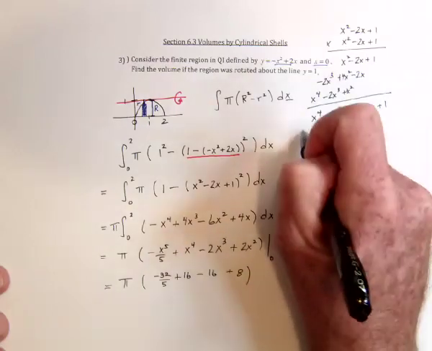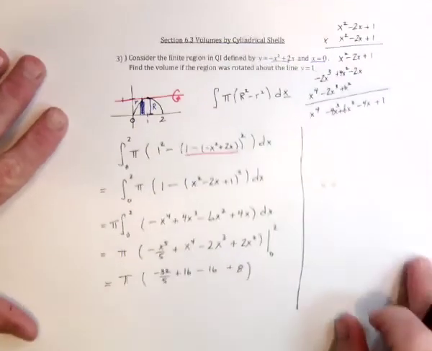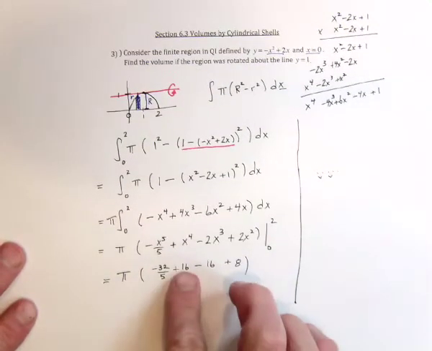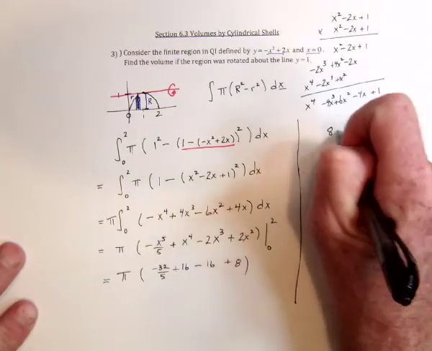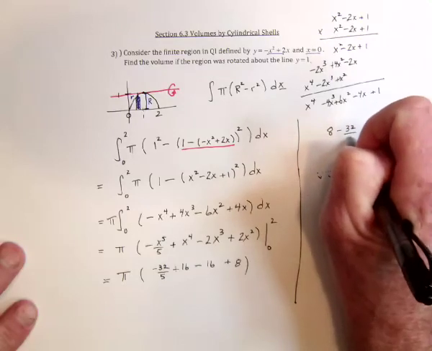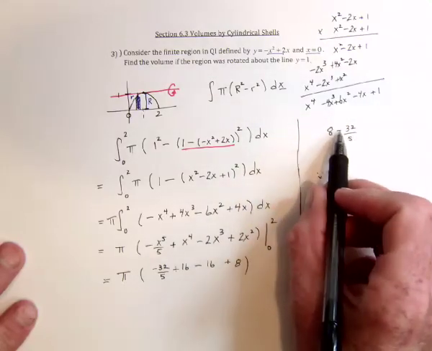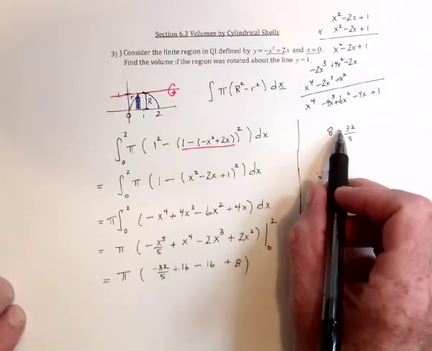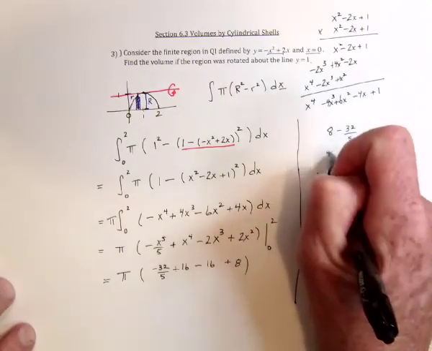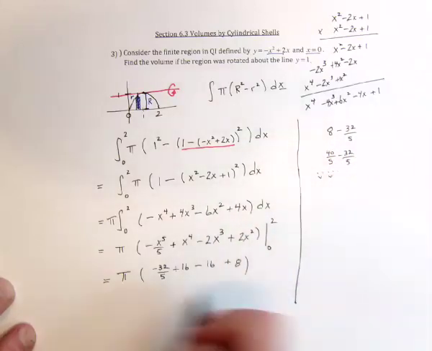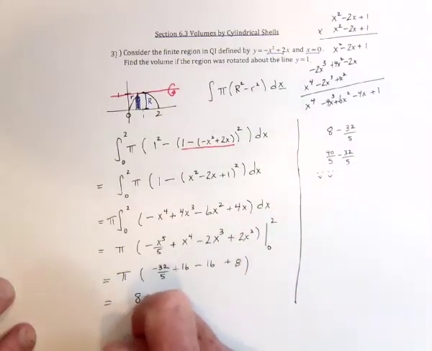So we've really got those gone, and then 8 minus 32 fifths. So that would be 40 minus 32. So 40 fifths minus 32 fifths, 8 fifths.